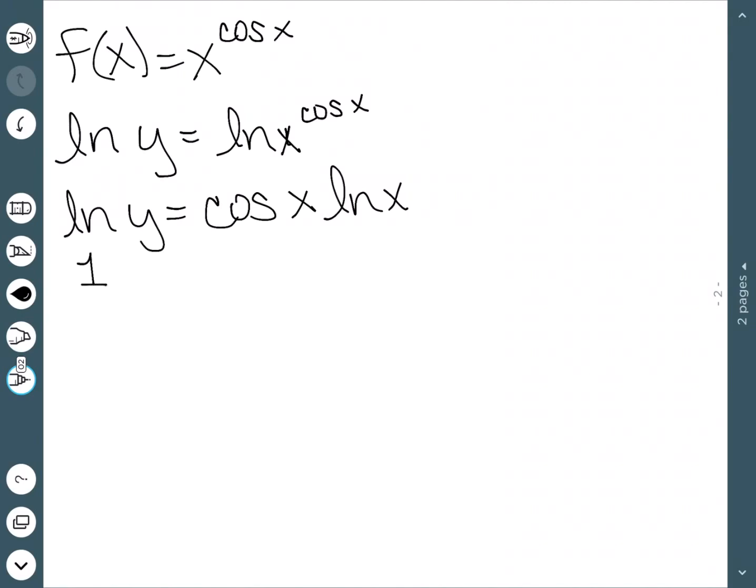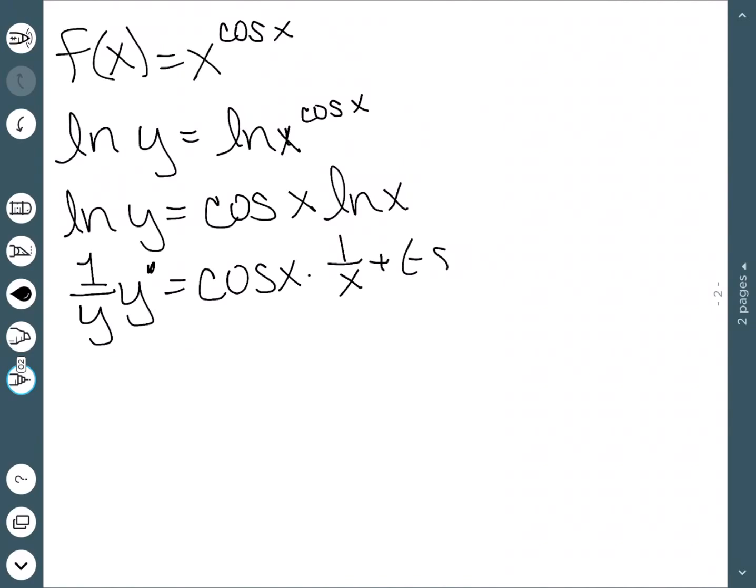The derivative of ln y is 1 over y times y prime. Product rule says cosine times the derivative of natural log, plus the derivative of cosine, which is negative sine, times ln x. I can then multiply both sides by y.